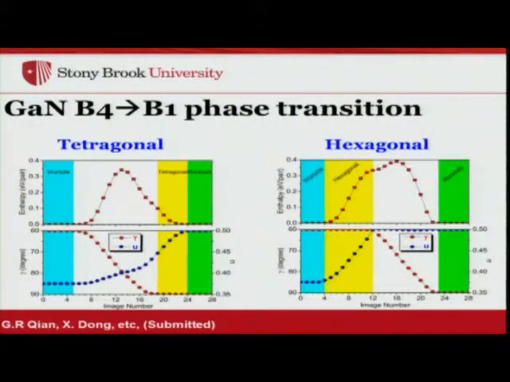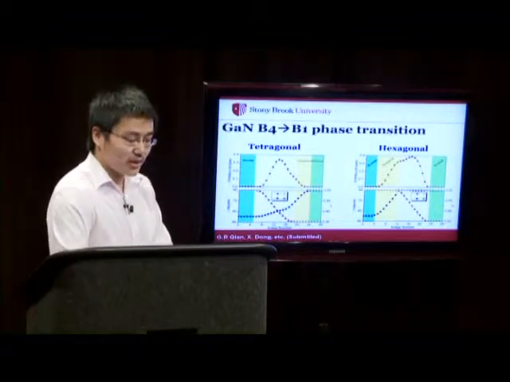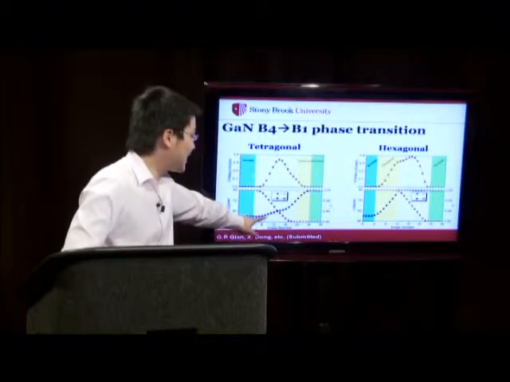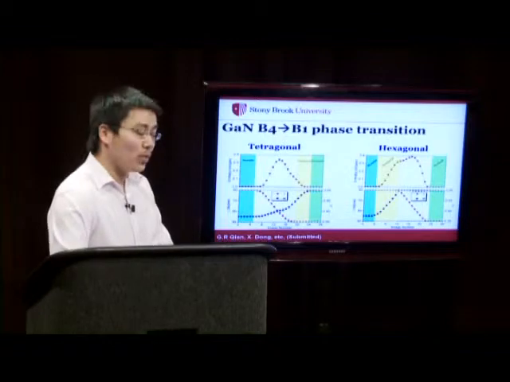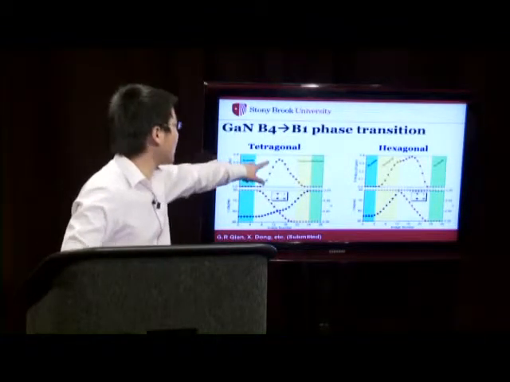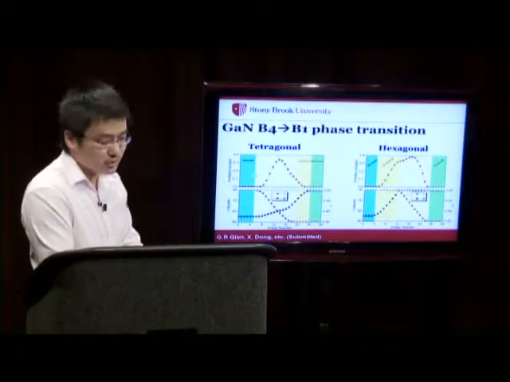After VC NEB calculations, we can have figures something like that. The first one is the tetragonal phase transition pathway. The angle changes to 90 degrees, and the fractional coordinate changes only slightly. Then we will get the tetragonal structure, and the energy would be around 0.5. The hexagonal structure pathway will be totally different.